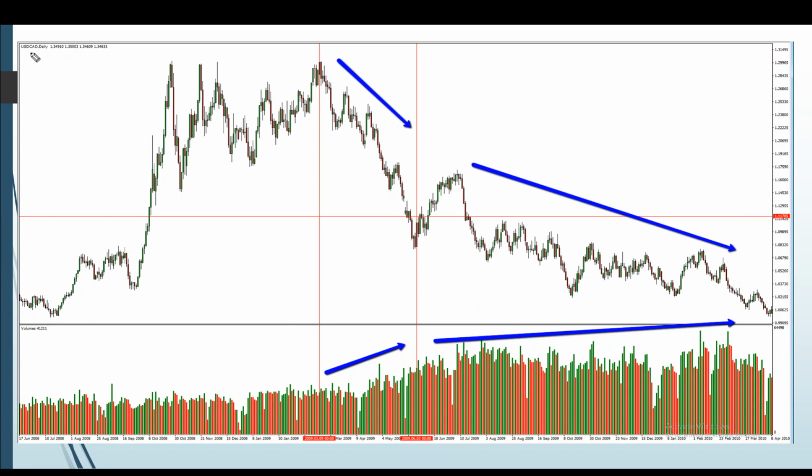This time we have dollar cut the daily chart. You can see what's happening here. Price started to move lower, lower lows and lower highs are being formed, and during that time the momentum is expanding. Okay, that's the thing telling us we have a strong trend.